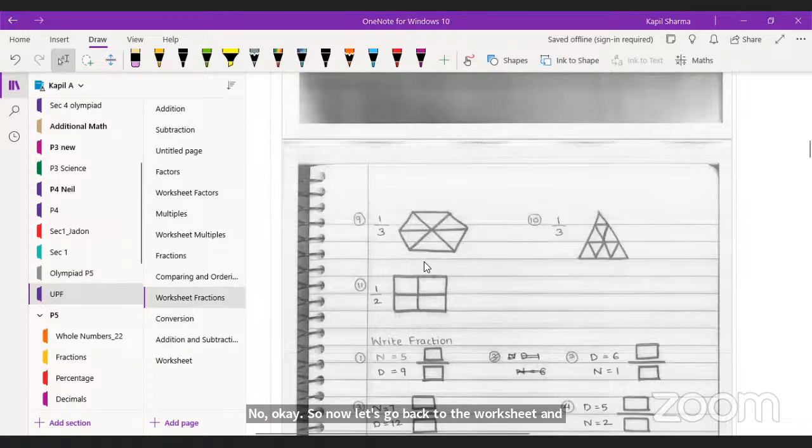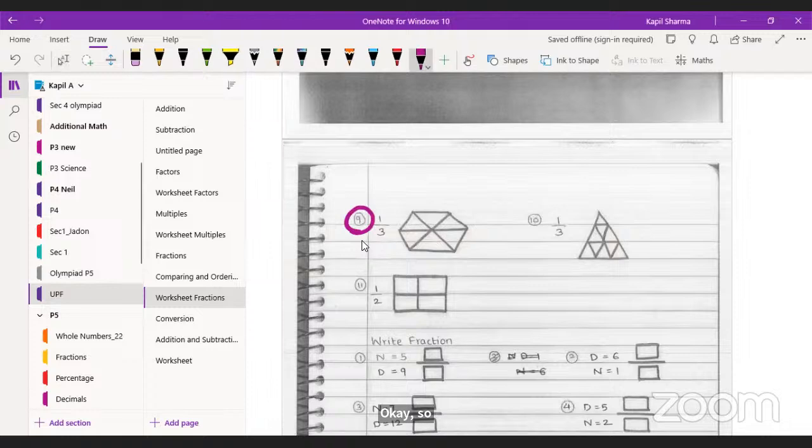Okay, so let's try this. Yeah, 1/3. We need to shade. Yashika, so you are saying, how many parts should I shade? That's the question, Yashika.